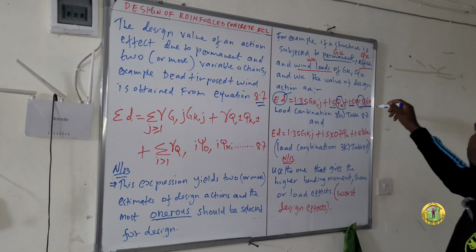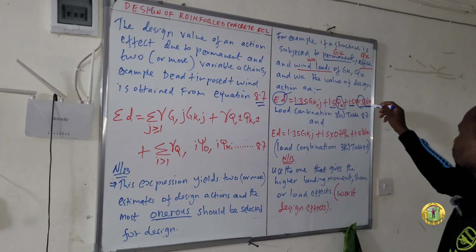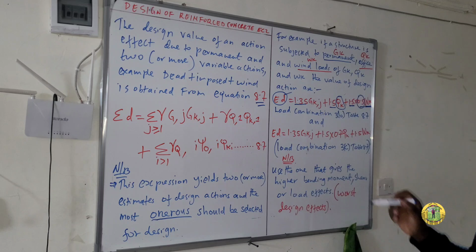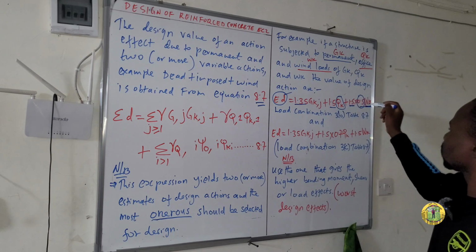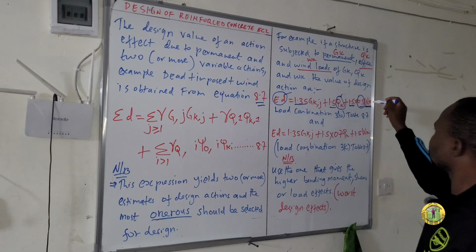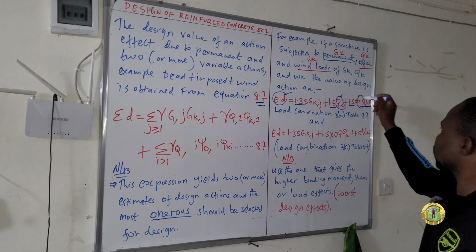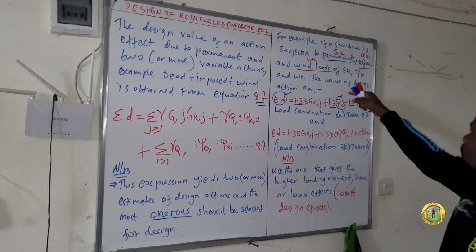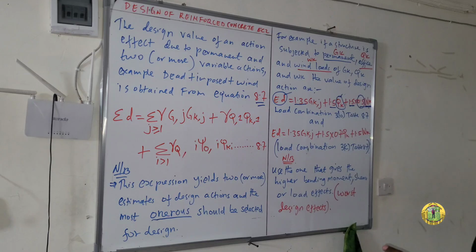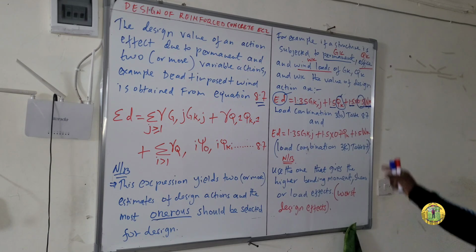So for such an accompanying action, which is WK, the code says that QK and WK cannot reach maximum at the same time. So it is assumed that this QK, which is the first variable, will reach maximum before this.